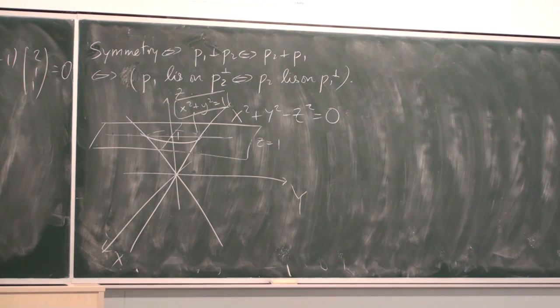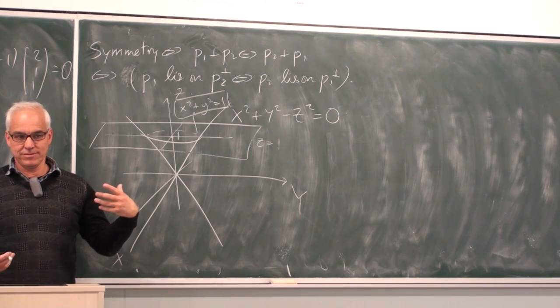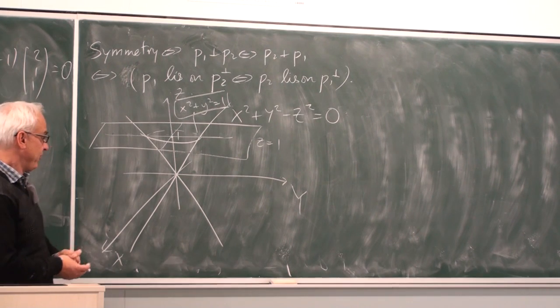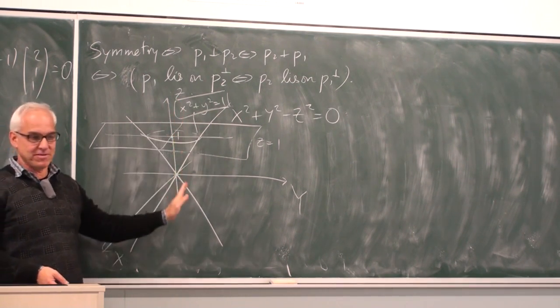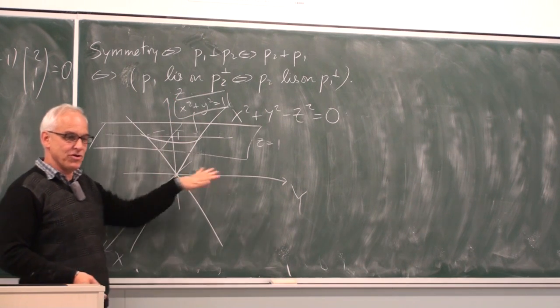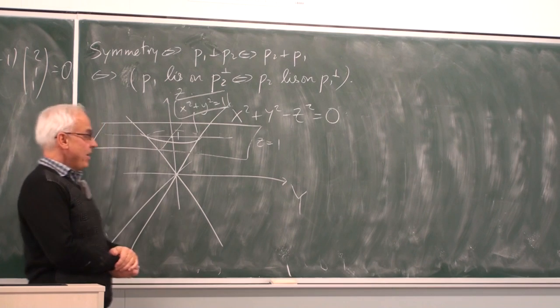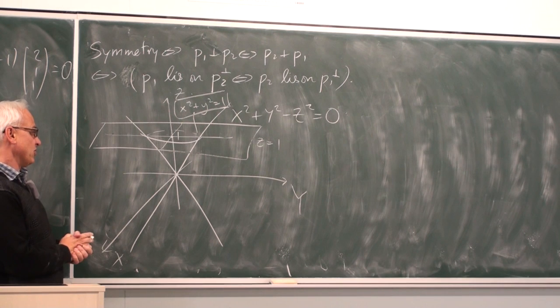Now in special relativity, this cone is called the light cone. And it corresponds sort of to the motion of photons. This is roughly an axis that's time, and these two directions are roughly the spatial directions. And this cone is intimately connected with Einstein's theory of special relativity.